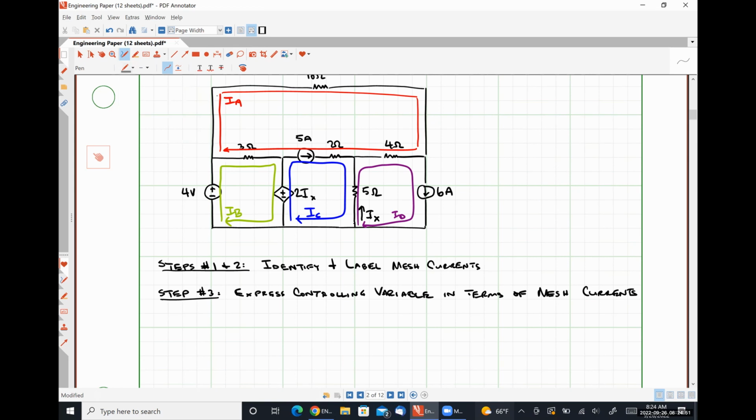In this case, our controlling variable is the current IX that is flowing up through the 5 ohm resistor. So somebody tell me how to write that current in terms of my mesh currents. Perfect, Brody, thank you.